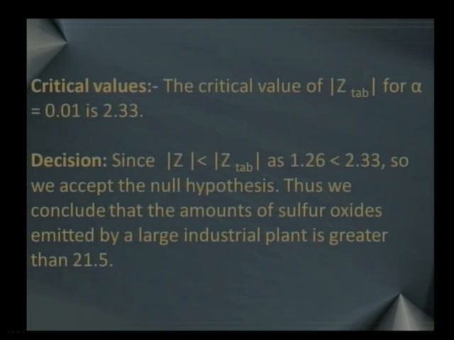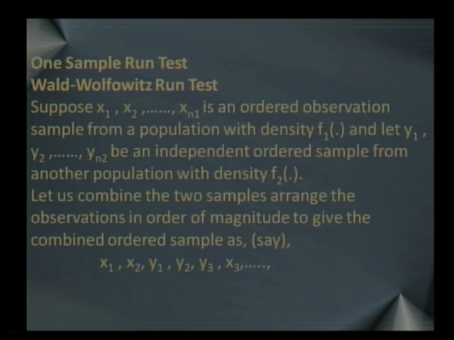The calculated value of z is 1.26, which is less than the tabulated value 2.33. So we accept the null hypothesis, and thus we conclude that the amount of sulfur dioxide emitted by the large industrial plant is not different from 21.5. So this was all about the one sample sign test.